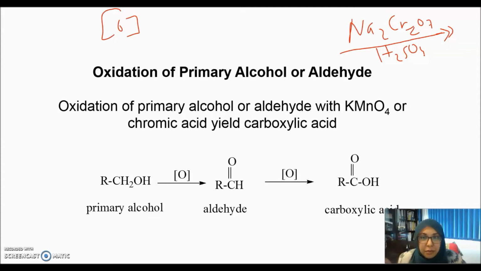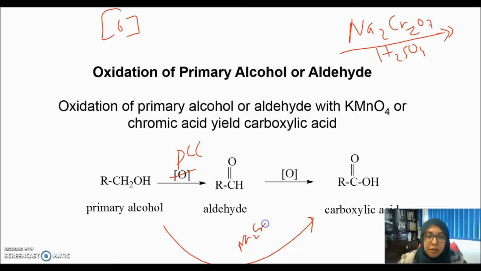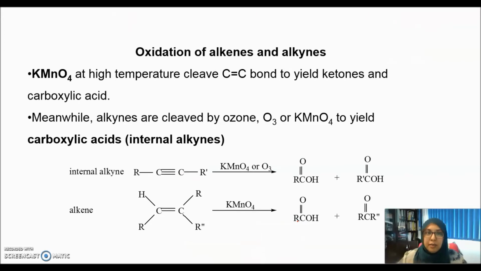Okay, so go back to the topic of aldehyde. How are you going to stop it at aldehyde? If you use PCC, it will stop at aldehyde, but if you use sodium dichromate, you will straightforwardly get the carboxylic acid.